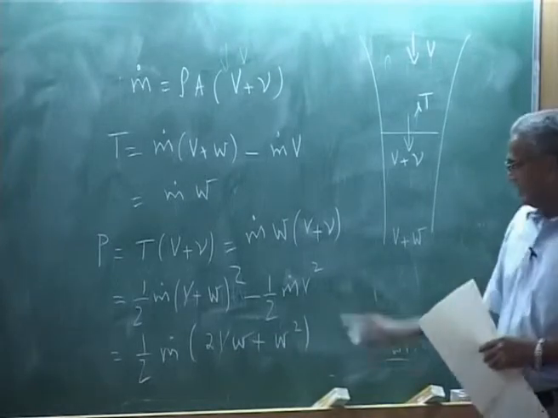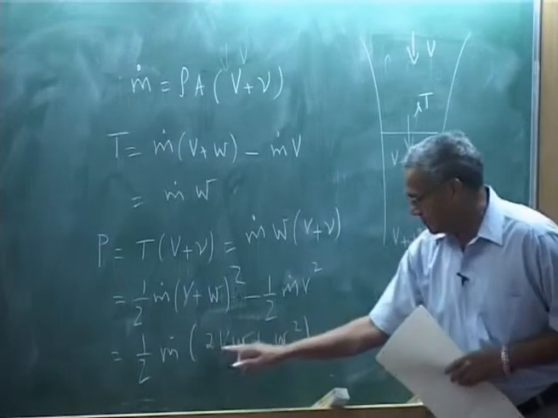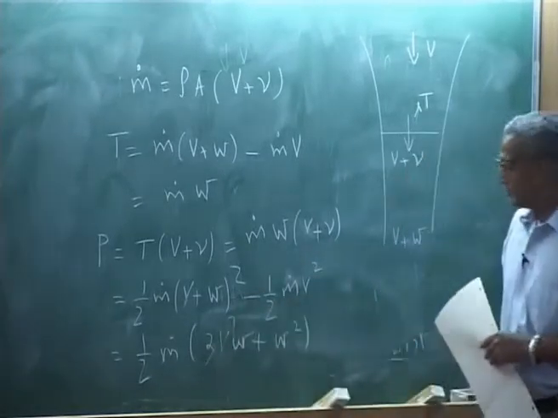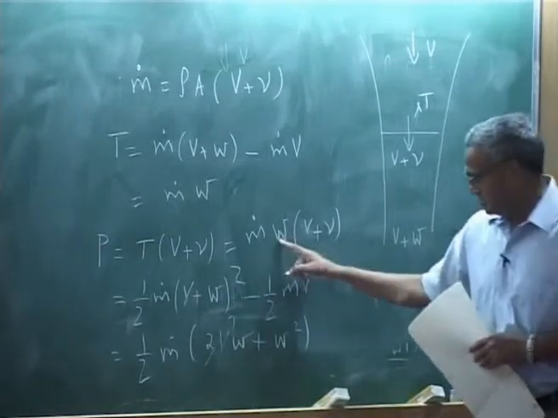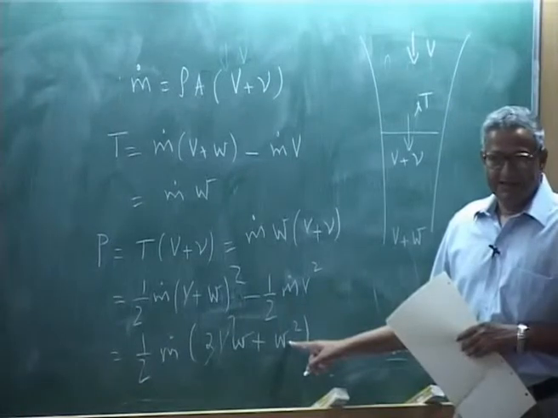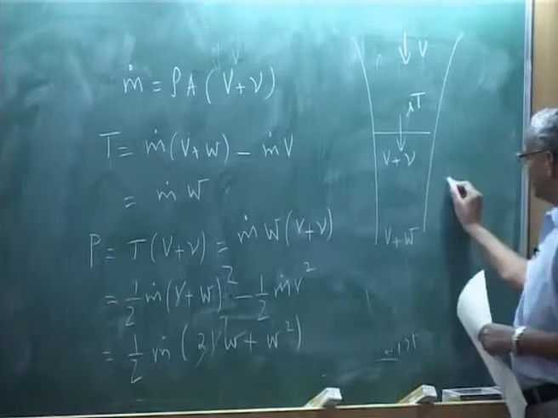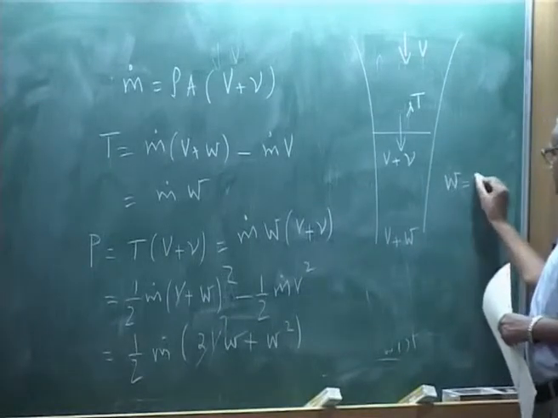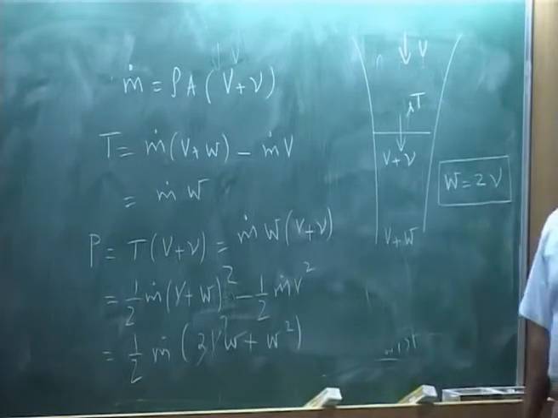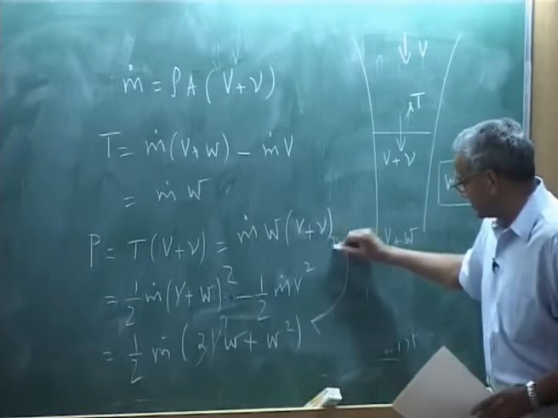Now, you see m dot V W, m dot V W, they will cancel, m dot W will cancel, leaving behind the condition that W is 2 nu. That is all, because you equate these two.